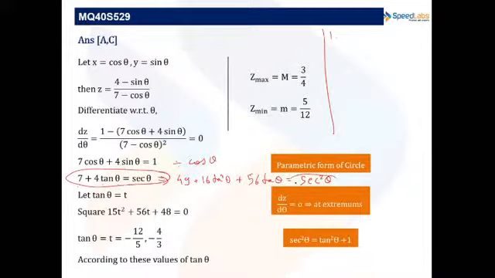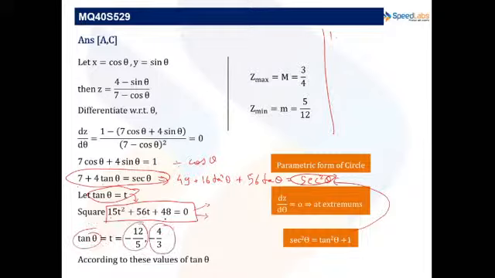Then putting sec square theta equals to tan square theta plus 1, we will get a quadratic equation in terms of tan theta. Putting tan theta equals to t, just to make it more familiar, we get this quadratic equation. You can solve it using either Sridharacharya formula or splitting the middle term. Then you will get tan theta equals to minus 12 by 5 and minus 4 by 3.